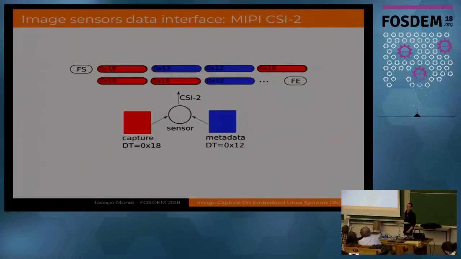So the receiving side knows how to split the data using the data type and how to direct it. You can have two different video device nodes in user space: one gives you image data, the other gives you metadata. Then you have a completely different set of problems, which is how you keep them in sync, but that's another problem. But yes, they are used exactly for this reason: split images to a different video node and then present them to user space from different perspectives, so different data on different video nodes.